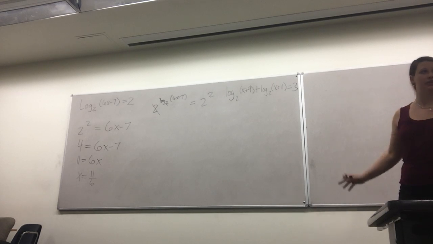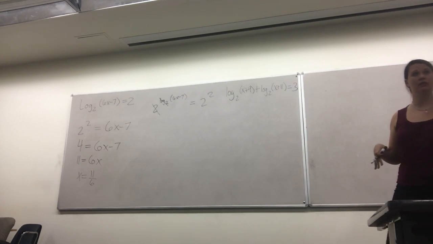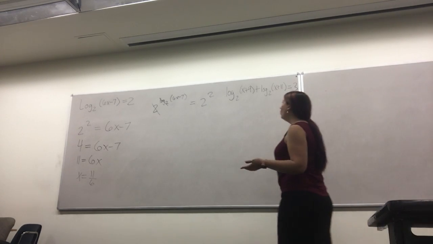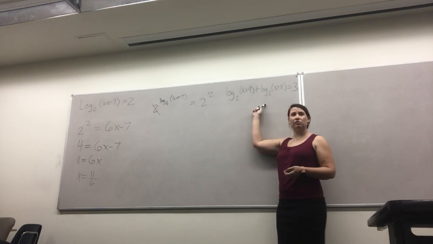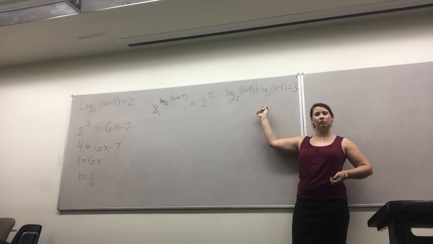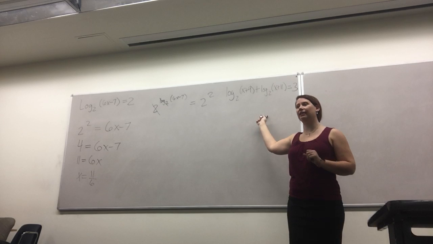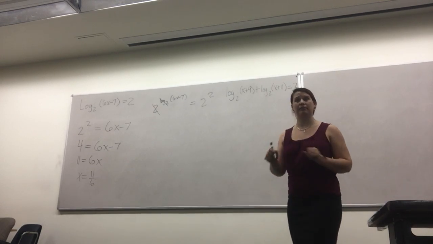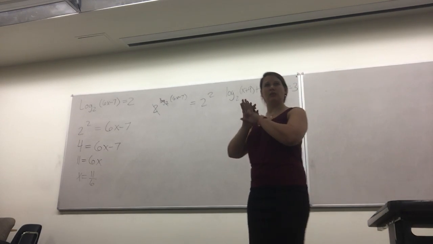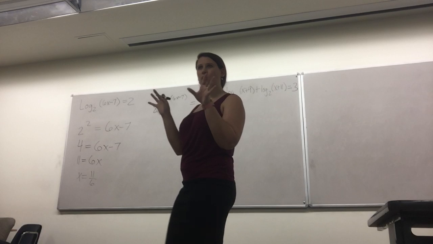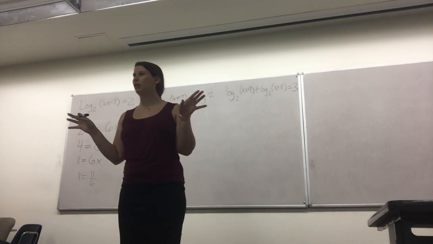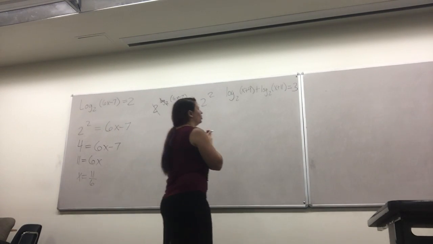It's just a bad combination for what we've done so far. So what could we do with these two logs? Not cancel them, but combine so that next we can cancel them. Because you can't cancel when it's separated by plus or minus. So you have to make it into one term.